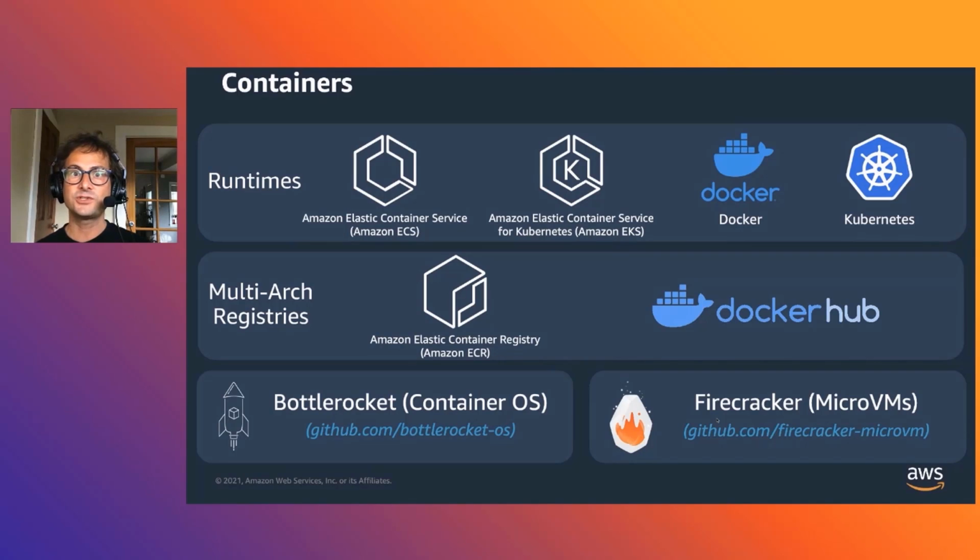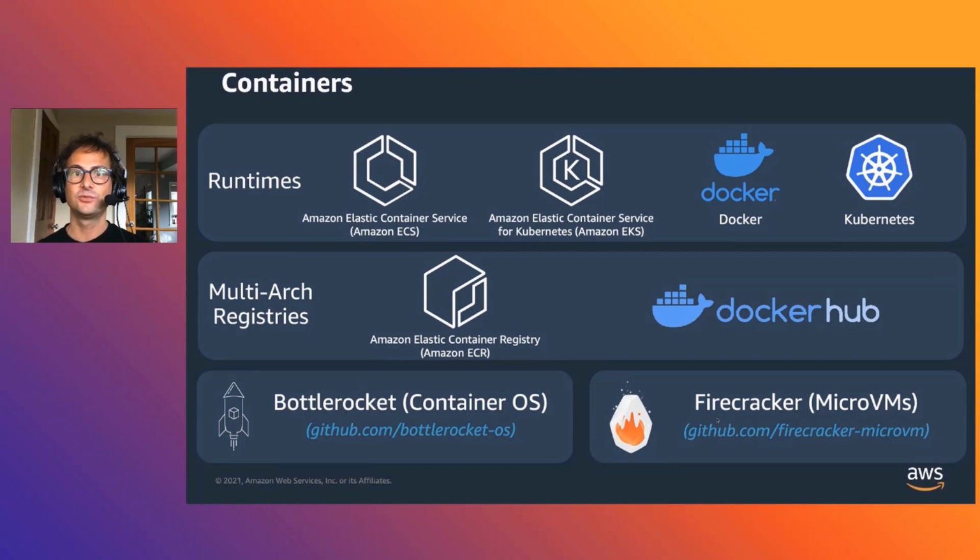And in terms of registry, there's an interesting feature that you need to be aware of. That's the multi-architecture feature that you would find on most of the registries. So that's true for Docker Hub, but that's also true for our own Amazon Elastic Container Registry.